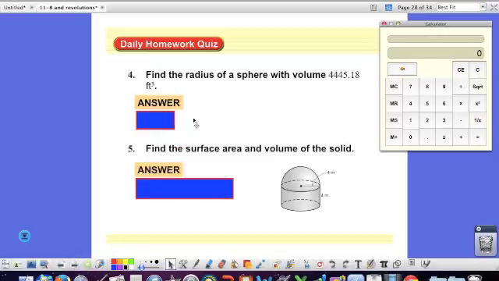And there's more. Find the radius of a sphere with a volume. Ooh, now they're giving us the volume. They're trying to get tricky on us. 4/3 pi radius cubed.